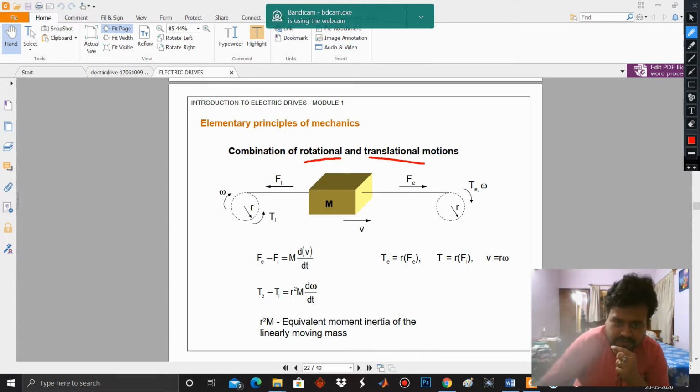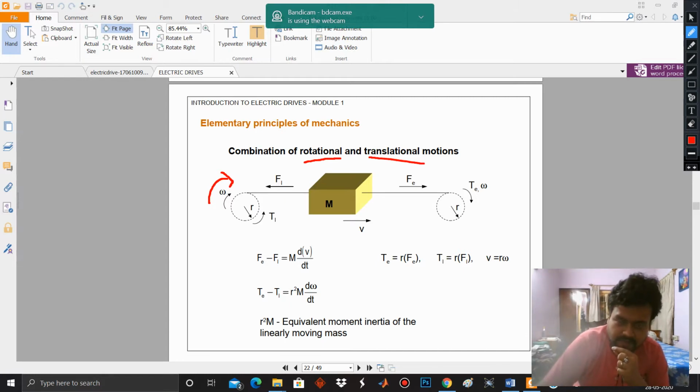So suppose there is a mass m and there is a wheel or a pulley, you can say, of radius r. It is rotating in the clockwise direction like this. Similarly, this circular arrangement is also rotating in the clockwise direction.